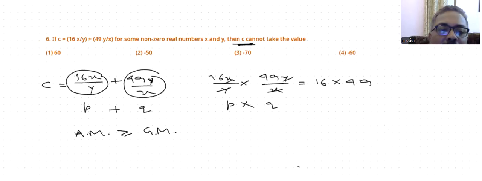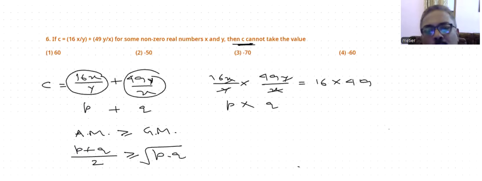Means P plus Q by 2 is greater than or equal to the square root of P into Q. Now just have a look. In P into Q, you have two perfect square numbers. So if you go for square root, the calculation will be a bit easier rather than multiplying it first. Stop multiplication if it is not at all required.